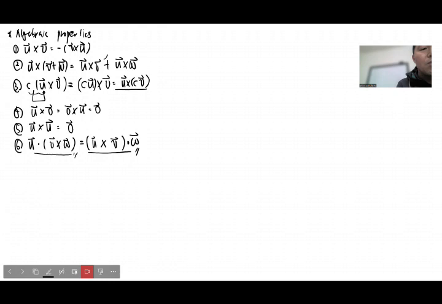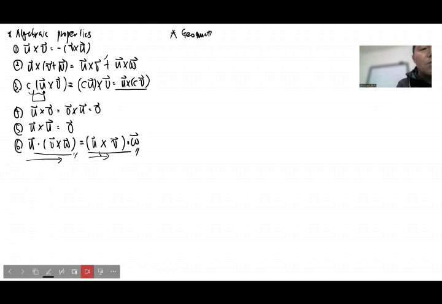Okay, so that is the interesting property of the cross product. So the combination of dot and cross product just stays the same, even if the three vectors are applied in the opposite way. And now the next property is geometric property.